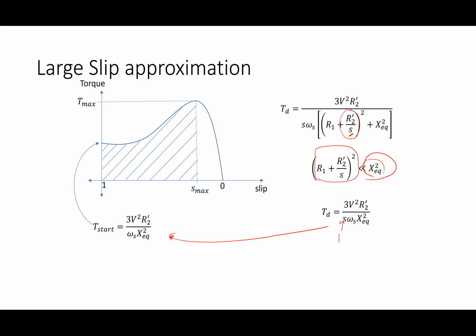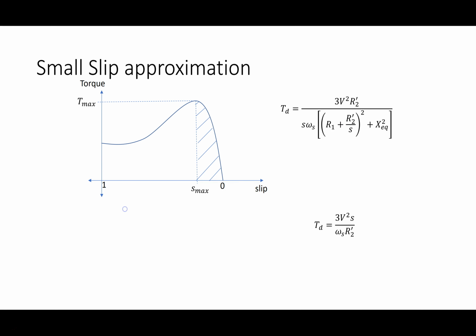If you want to start something, if you want to move something, you often need additional force because you have static friction to overcome and so on. To do that, you sometimes need to meet particular requirements for your starting torque. So we could calculate it very simply with this equation here. That is what we get out of the large slip approximation.